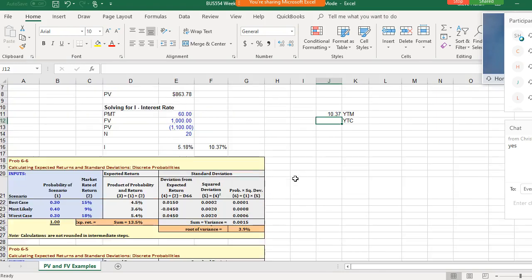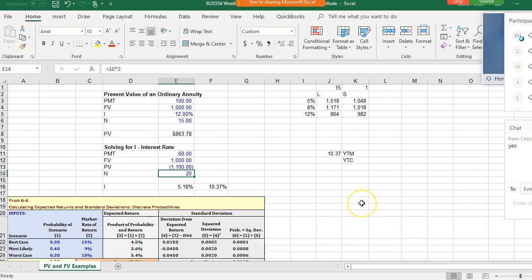Okay, so it can be called in 4 years. So N would be 4 times 2, which is 8. And then the call price is 1,060. So yield to call is 10.15. I'm going to put that in right there. So YTM is 10.37. Yield to call is 10.15.